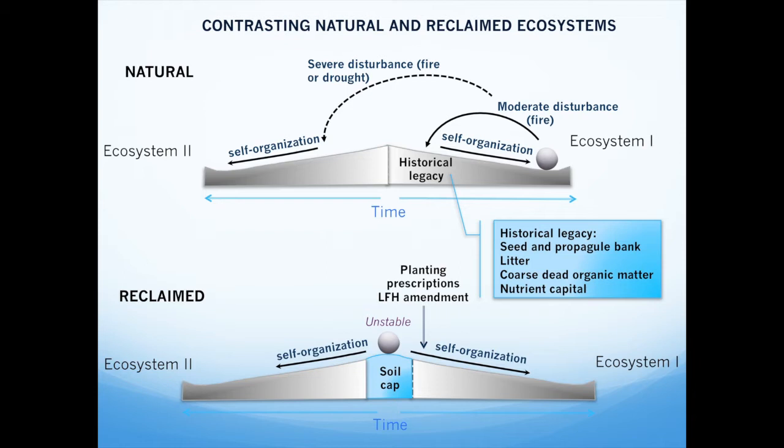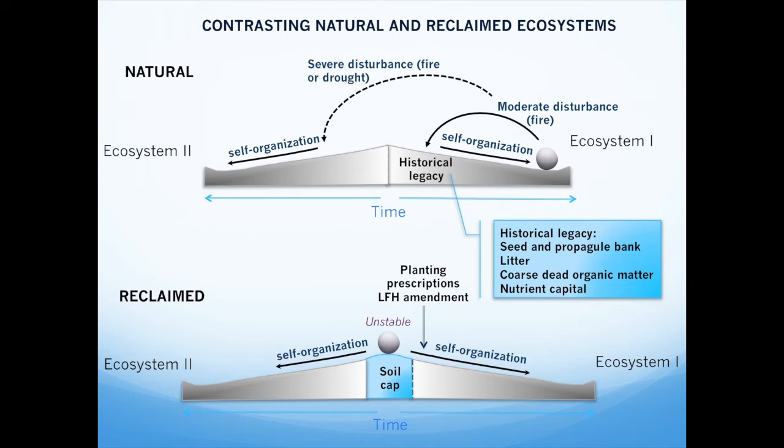So let's look now and contrast that to natural systems, to reclaimed systems. The situation begins very differently. We put a soil cap down, which in some respects is supposed to represent historical legacy in some way, shape, or form. That's our effort to try to begin to create that legacy.